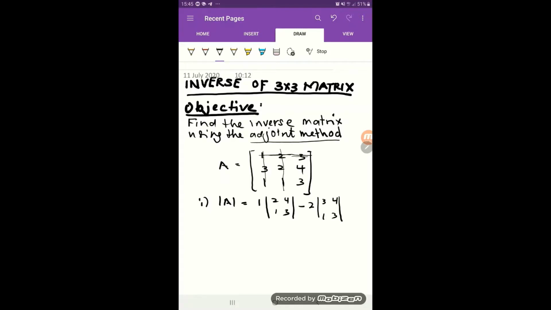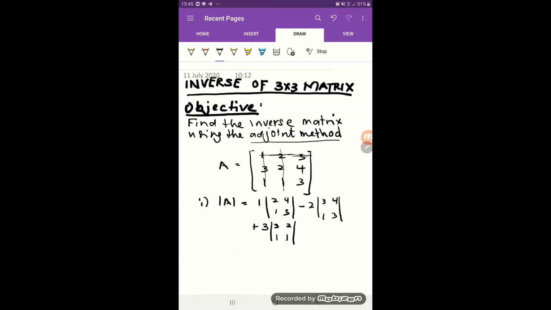Continue to the next element, A13. For A13, the sign is positive. So A13 is 3, and then deleting the first row and the third column, the numbers not deleted are 3, 2, 1, 1.